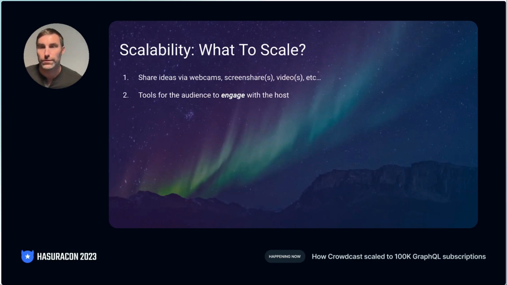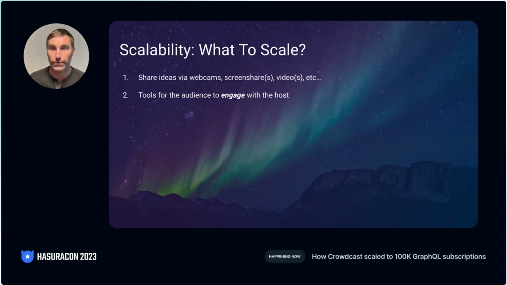So what specifically do we need to scale to serve these customers and their use cases? The first thing we need to scale is pretty obvious: the webcams, the screen shares, the videos, music, all sorts of content that they want to bring to the conversation to convey their message. The second thing we need to scale that's a little more Crowdcast-centric is the engagement tools.